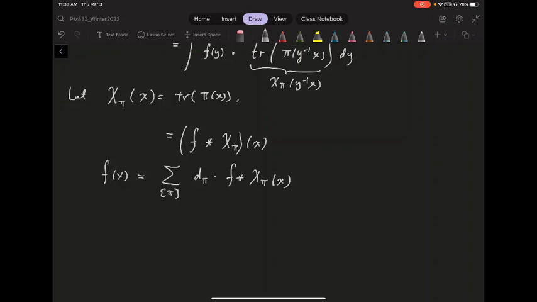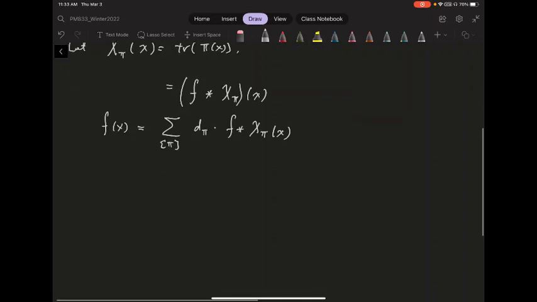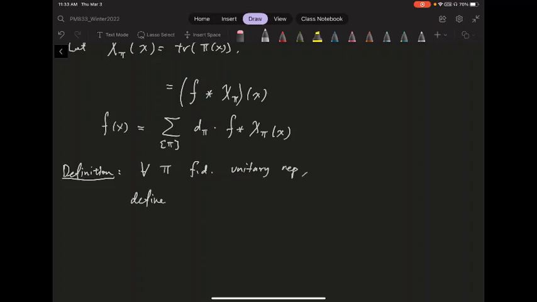So in this last little lecture, let's study a little bit more the properties of these functions. They're called the character. So, definition: for every finite dimensional unitary representation pi, I can define the character to be this function chi pi going from G to C, where chi pi of x is equal to the trace of pi of x.